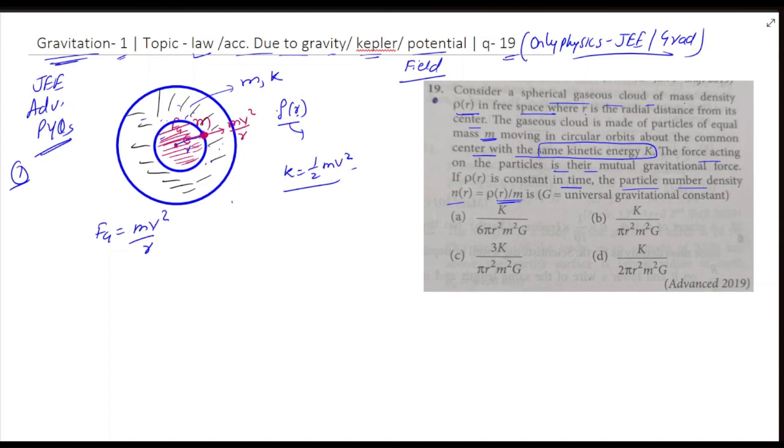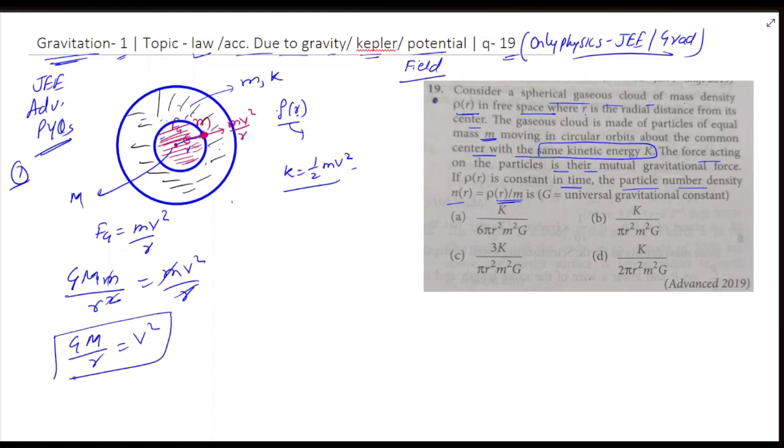So Fg will be equal to G, where the particles in red have total mass capital M, times small m, divided by r square, which will be equal to mv square by r. So m will get cancelled, r will get cancelled, and we have GM by r equal to v square. This is our first equation.